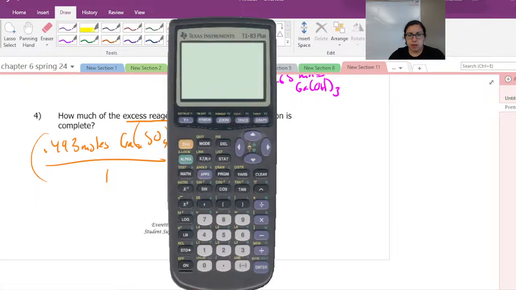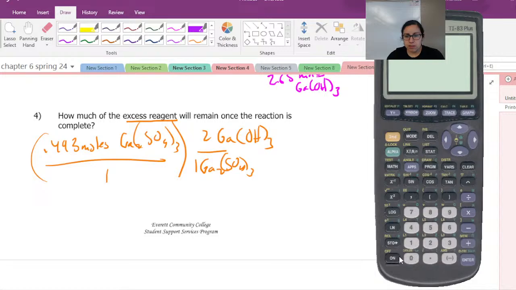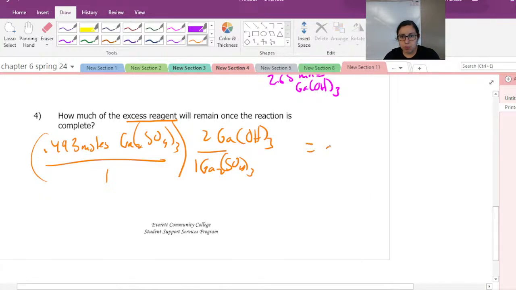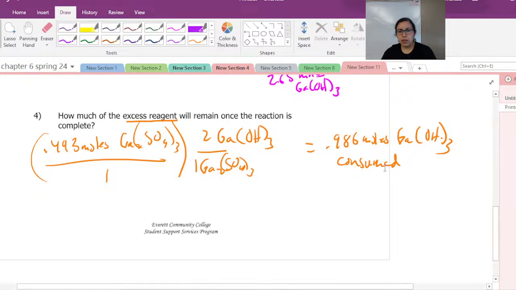And so now we get how many moles of gallium hydroxide we needed. So 0.493 times 2. And so now we have 0.986 moles of gallium hydroxide consumed or needed.